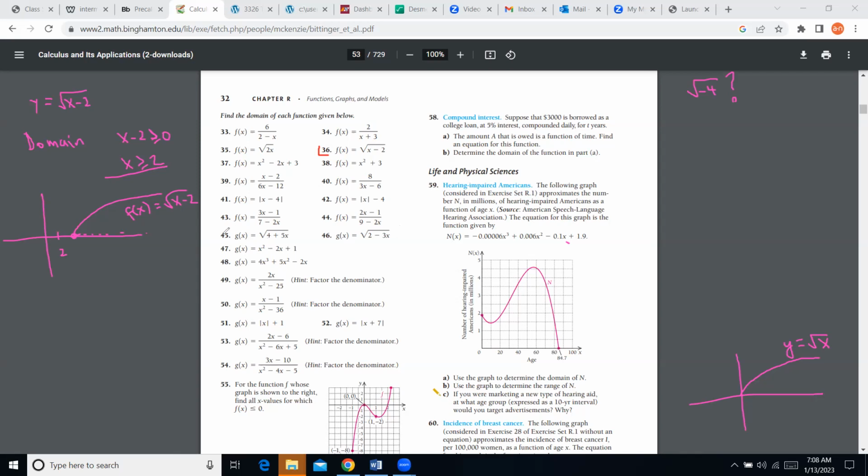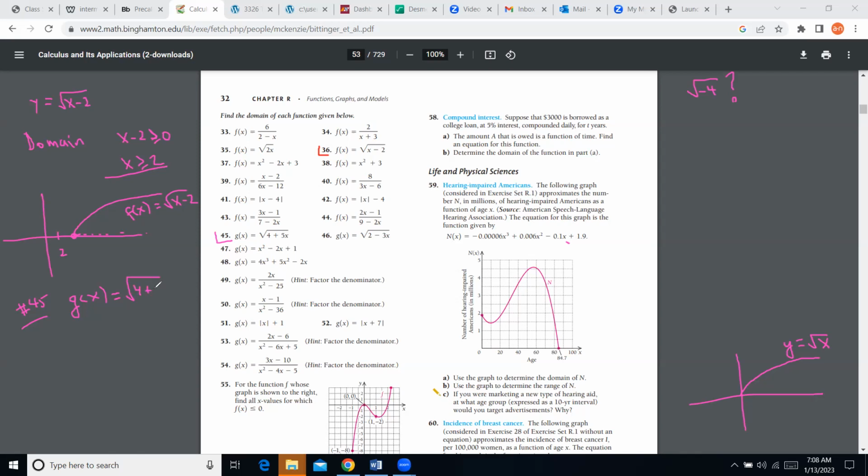Let me try one more graph with a square root in an analogous format. So 45. Here's a square root that I extract from 4 plus 5x. And they decided to call this function g of x. So is there any difference? You call it g or f? Well, it's just a name, right?